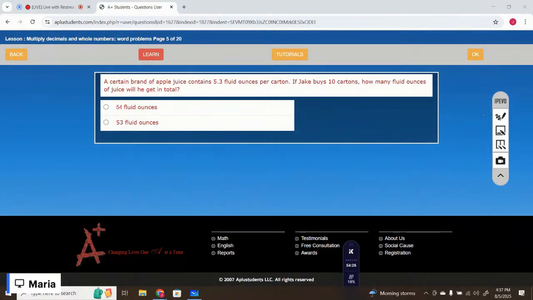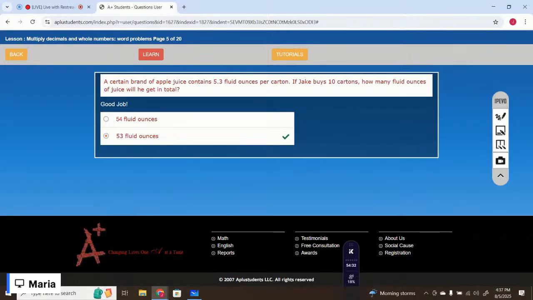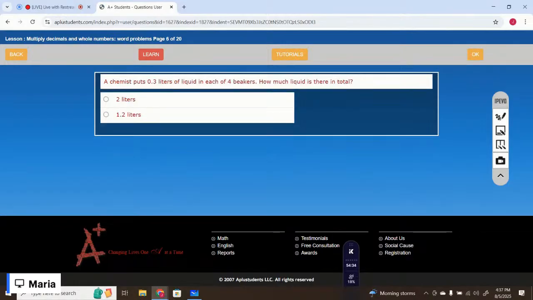Option number 2 is the correct option. A chemist puts 0.3 liters of liquid in each of four beakers.